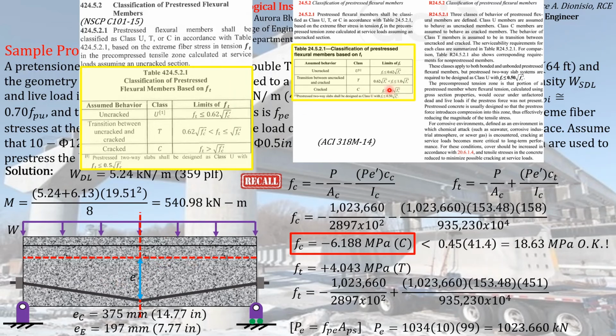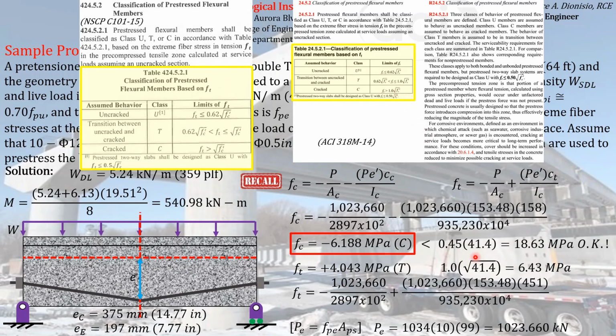So in terms of limits on the tensile stress, our limit at service loads will be this limiting value here, which is square root of f'c. So that will be our basis if this tensile stress acting here on the concrete element being considered is code compliant or not.